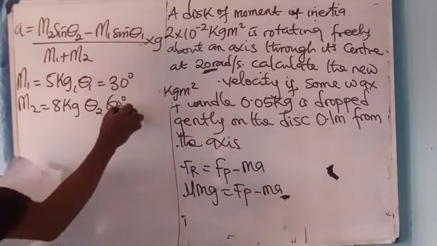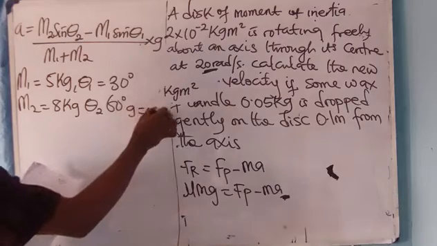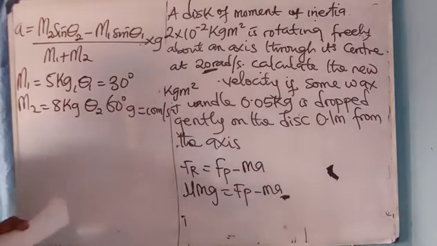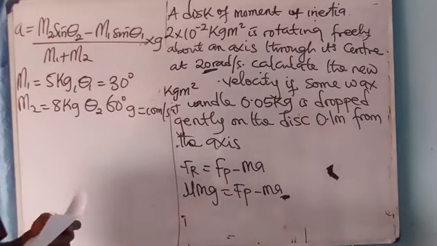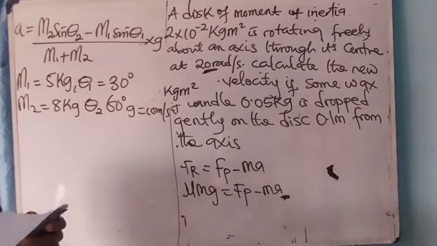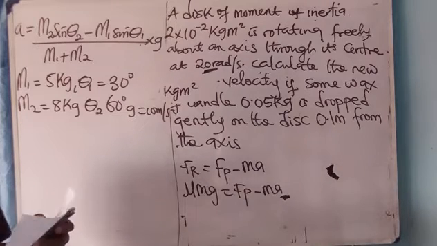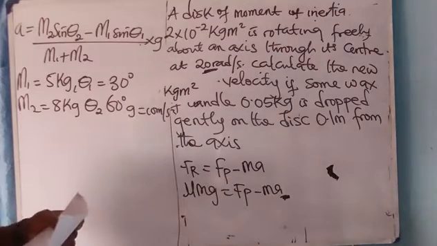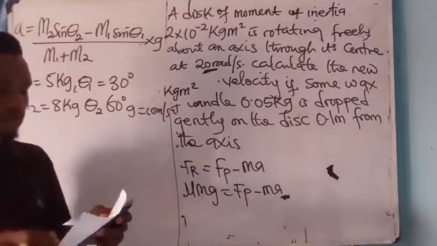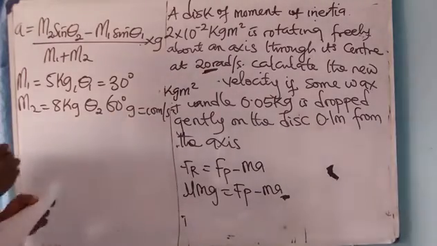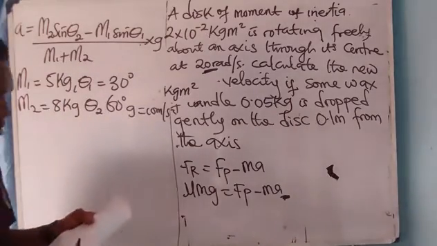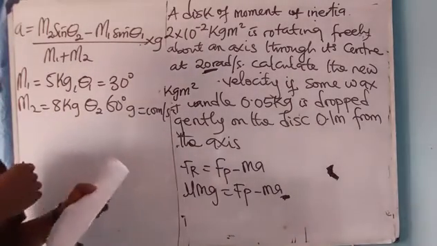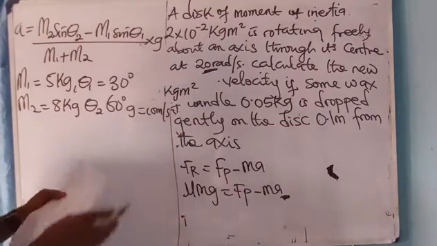They gave us G to be 10 meters per second squared.